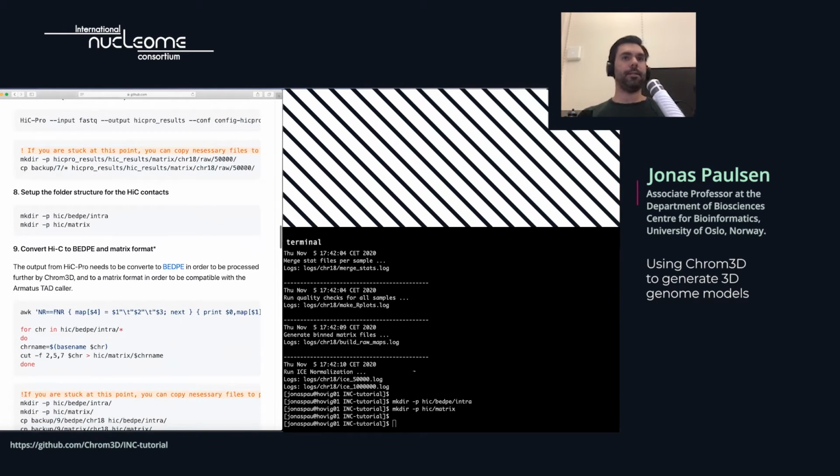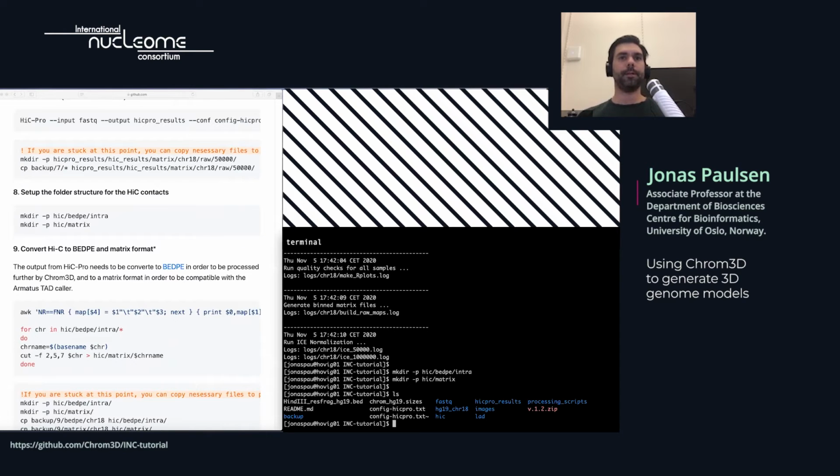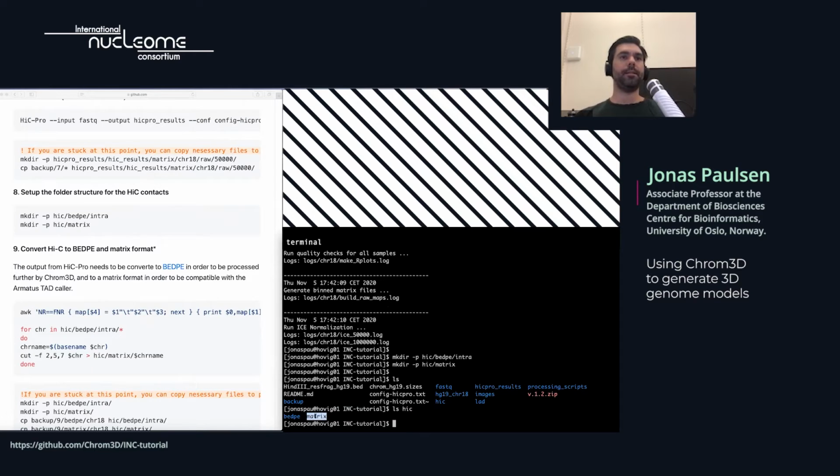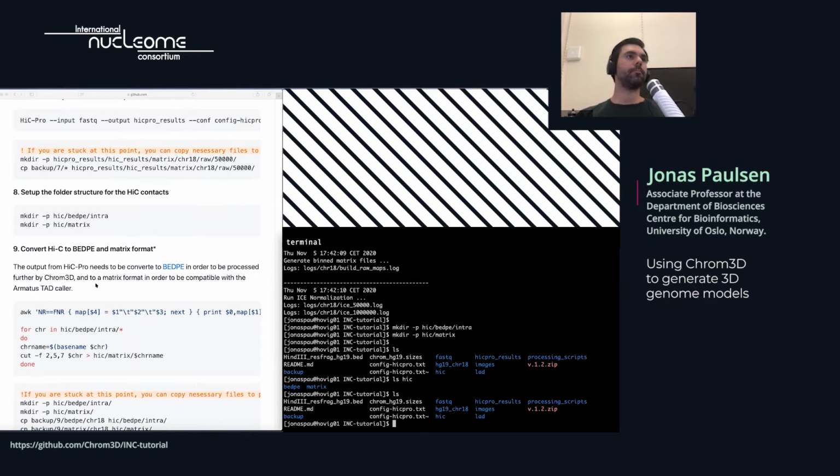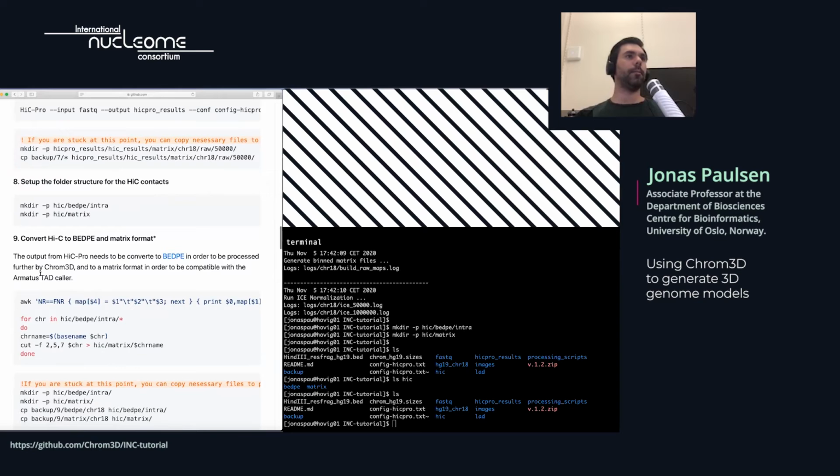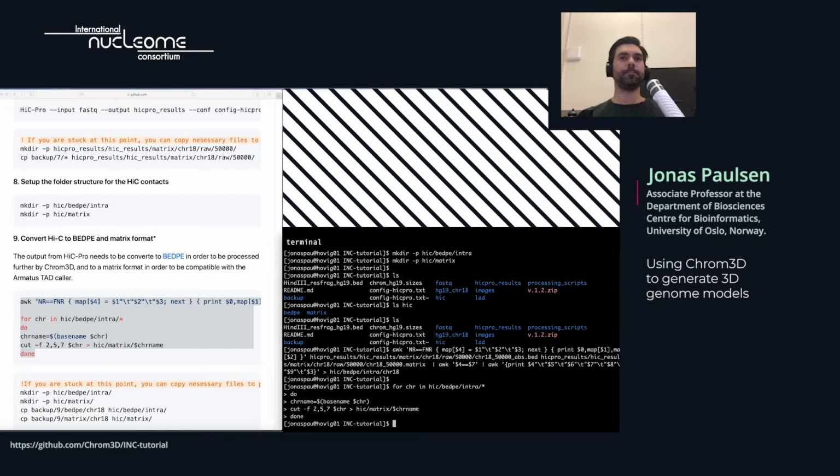So now that we have this Hi-C folder, and within it the bedPE and the matrix folder, we will convert the output from Hi-C Pro into bedPE format and matrix format. For the bedPE format, I'll start by performing all of the steps by copy pasting these in and show you.